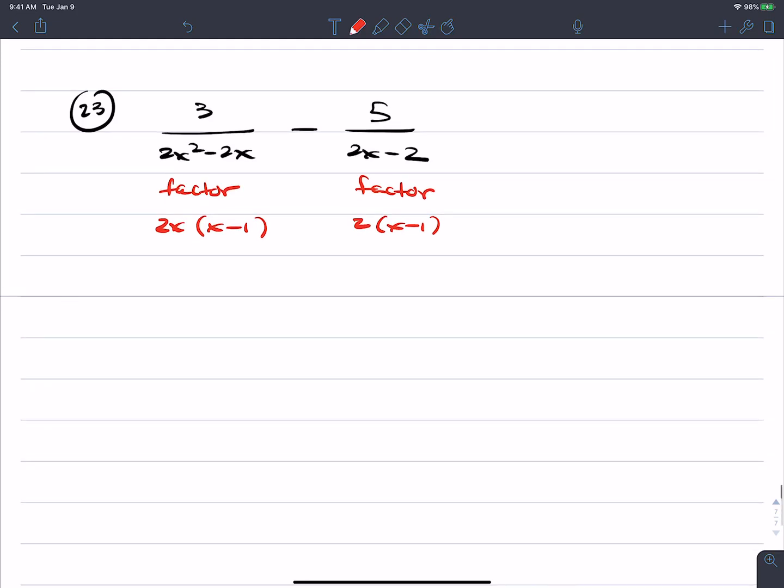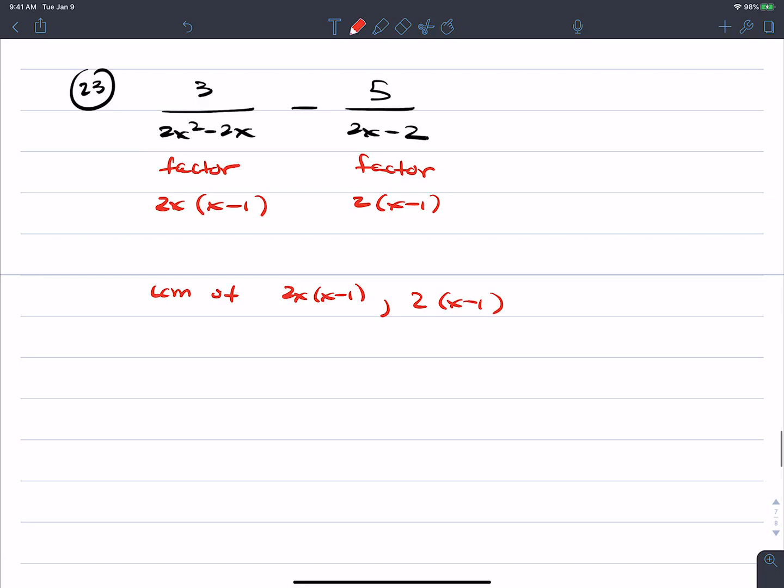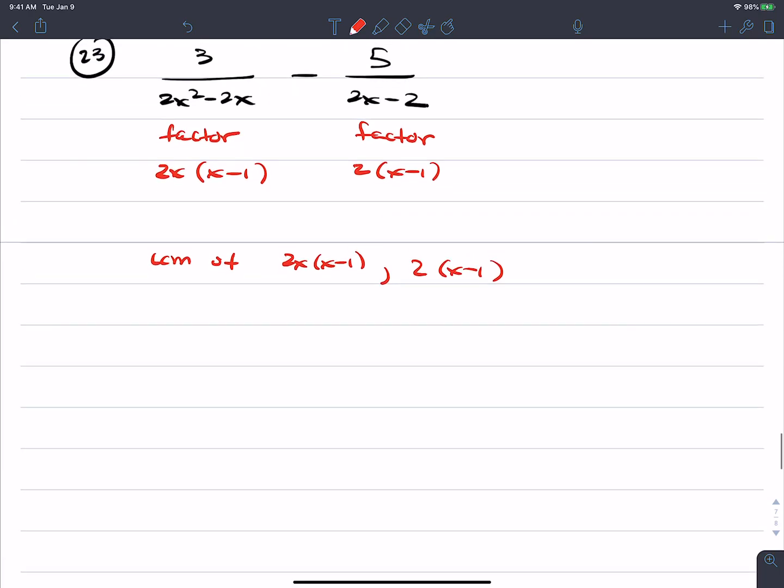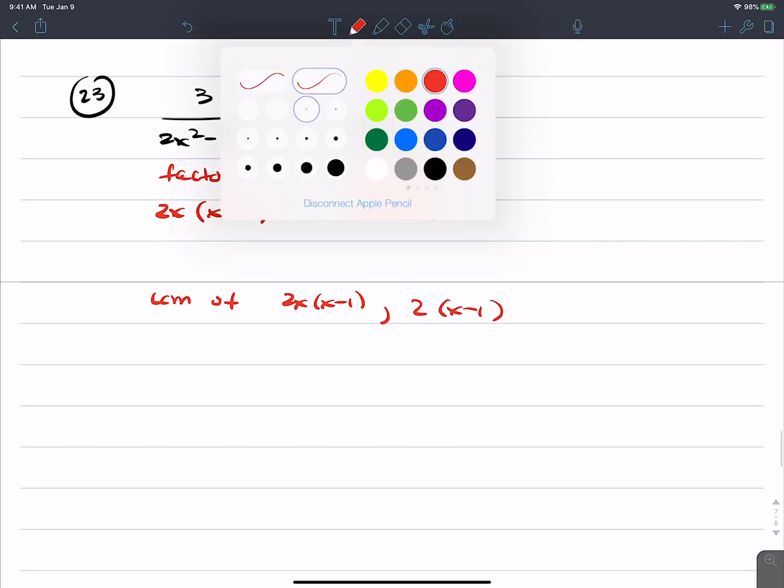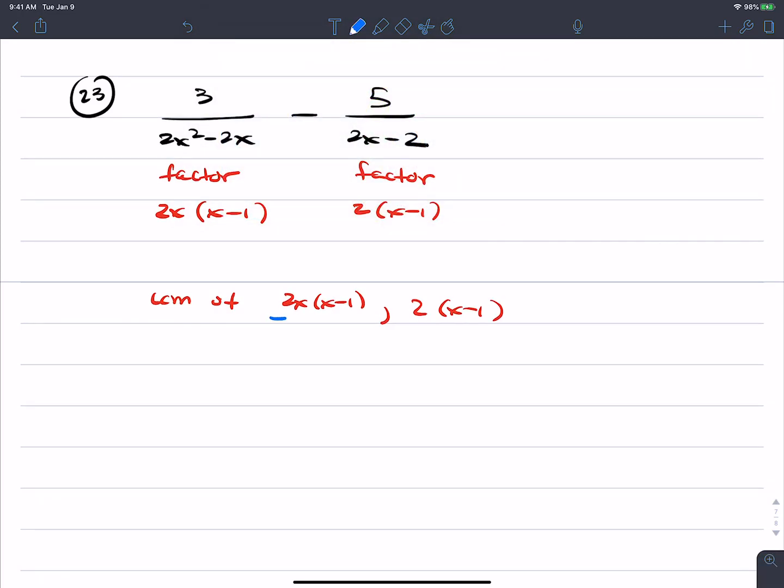So at this point, we need the LCM of 2x times x minus 1 and 2 times x minus 1. And so we can go with the procedures that we did in finding the LCM in the LCM videos, where you found the LCM of the numbers 2 and 2 separate from the terms.